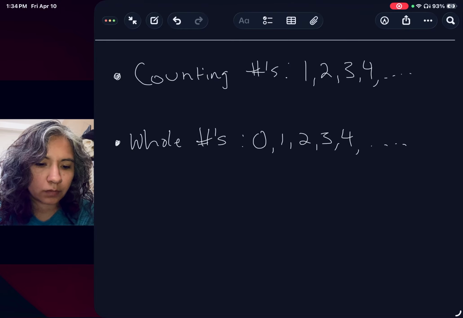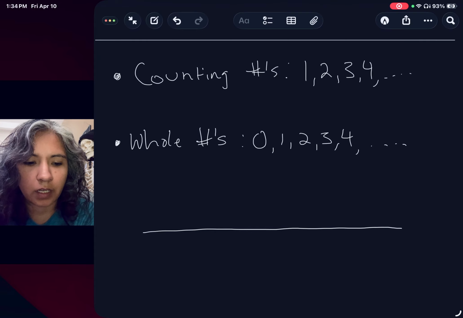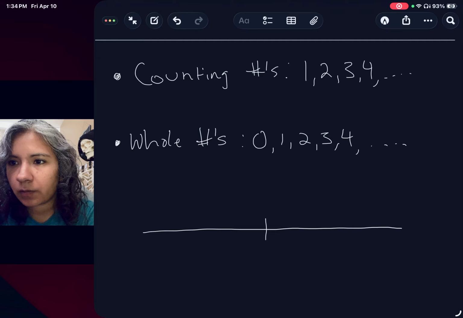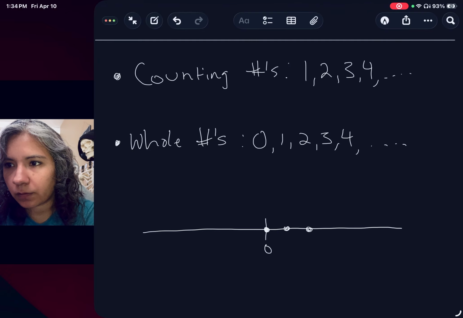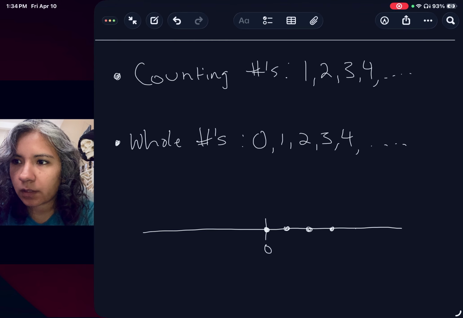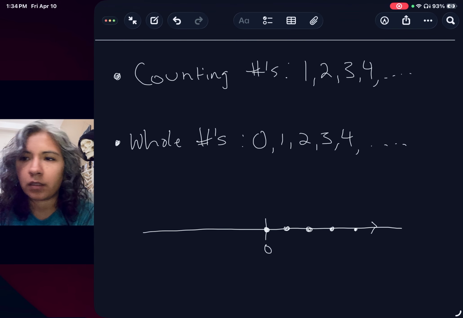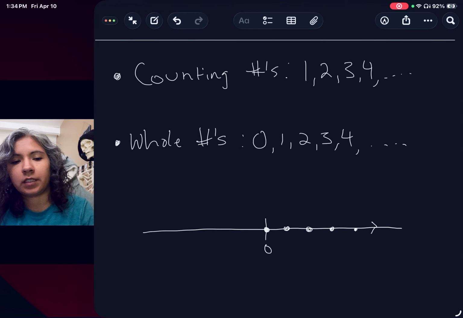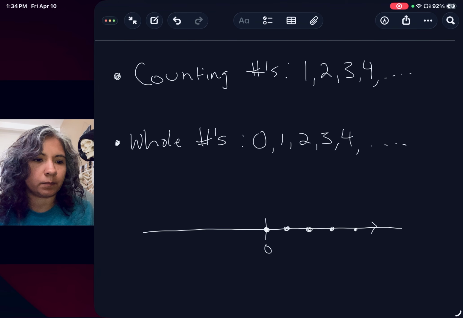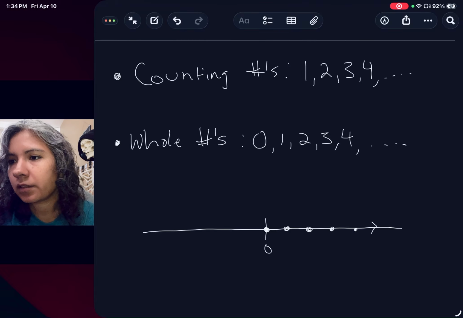If we graph this as an inequality, we'll do 0, 1, 2, 3, 4, and it would keep going, right? So no whole number is negative.